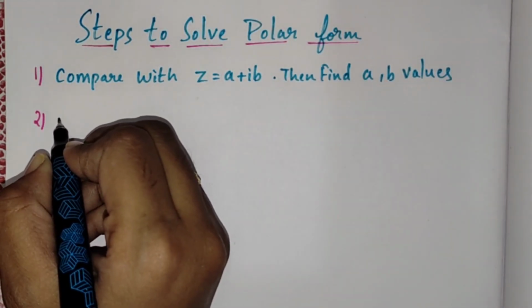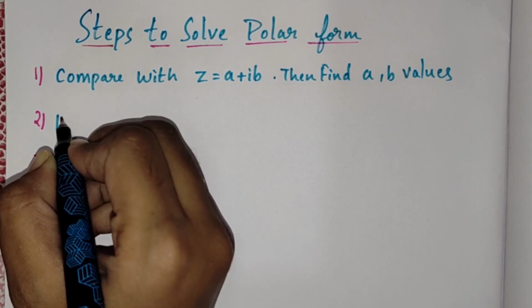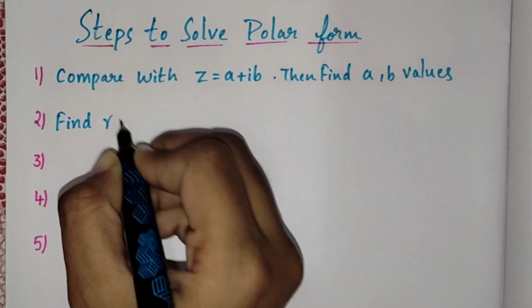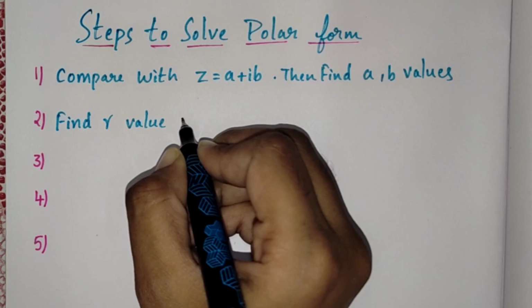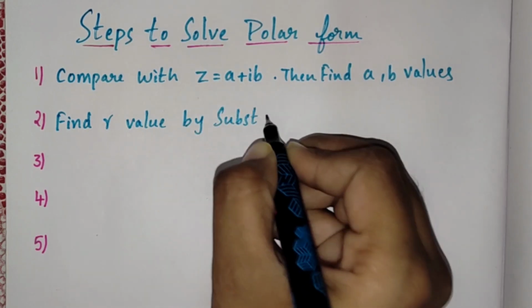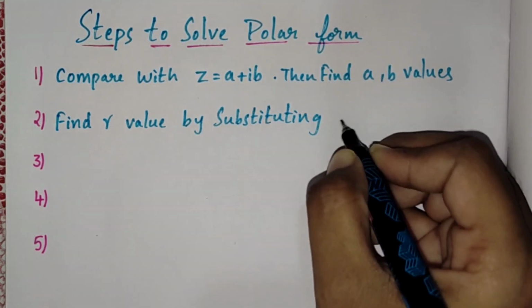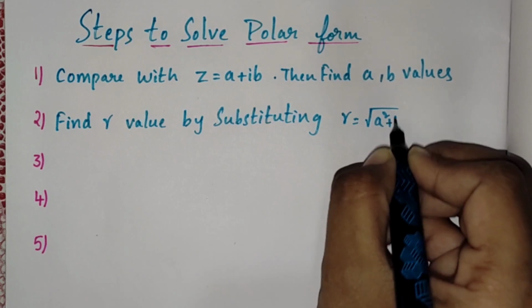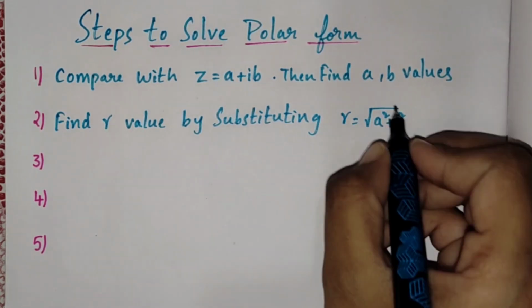Step 2. Find r value by substituting r equal to root over a square plus b square.